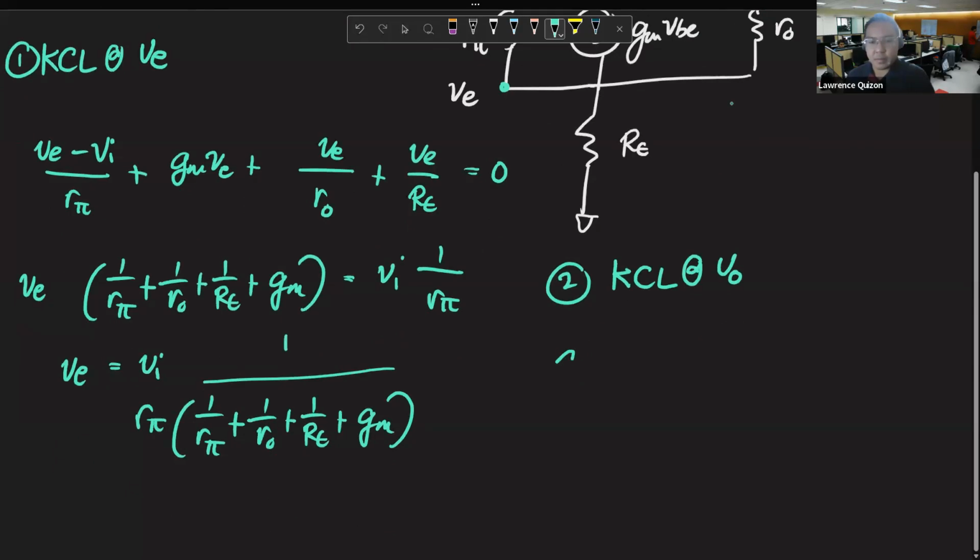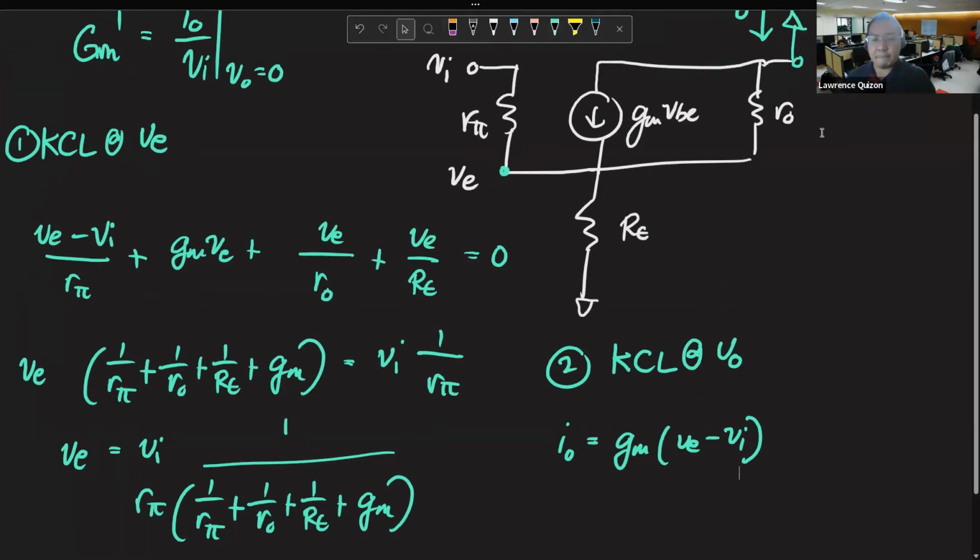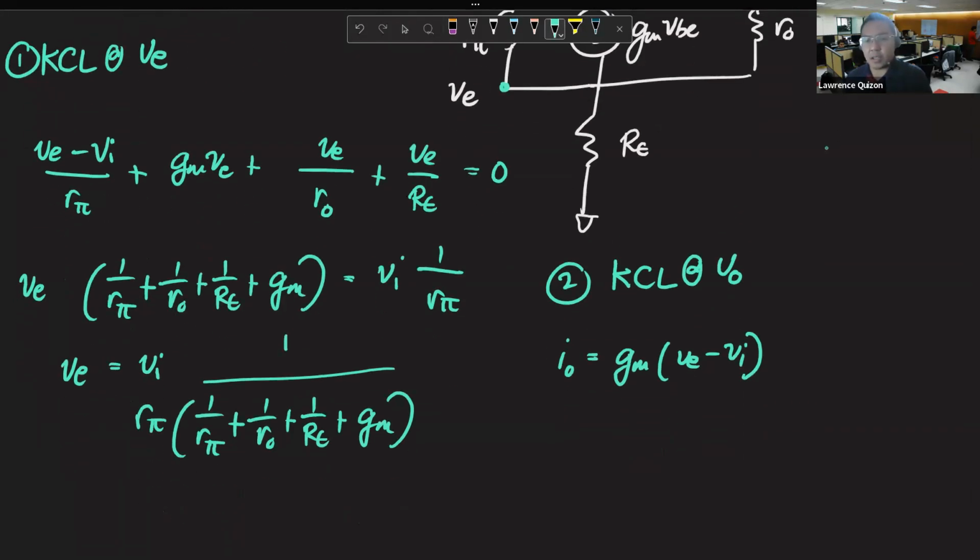So, we have GM VB, I out is equal to GM VE minus V in times VE over R out, at plus VE over R out.